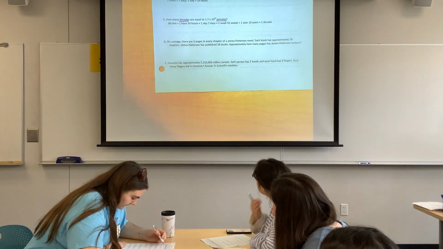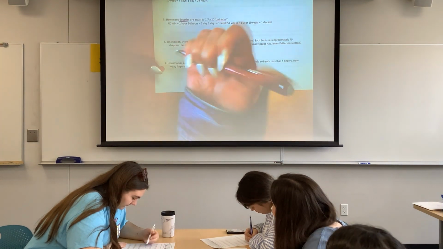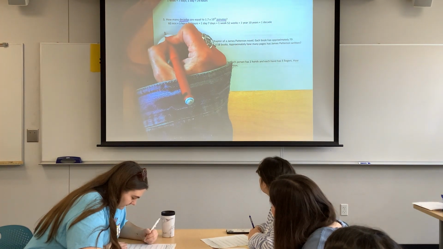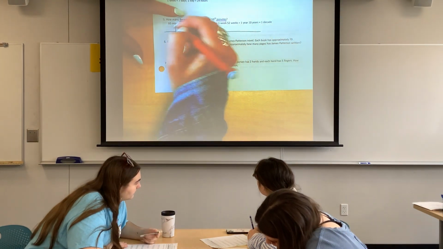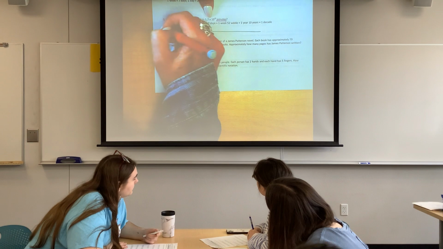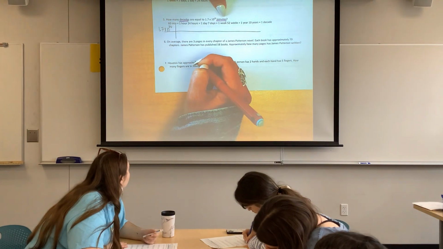Do you mind if I switch to my pencil? Can you see it? Let's see, we're going to do it the science way, and I'm going to start with how many decades are equal to this? So this is what I have, 1.7 times 10 to the 25th minutes.